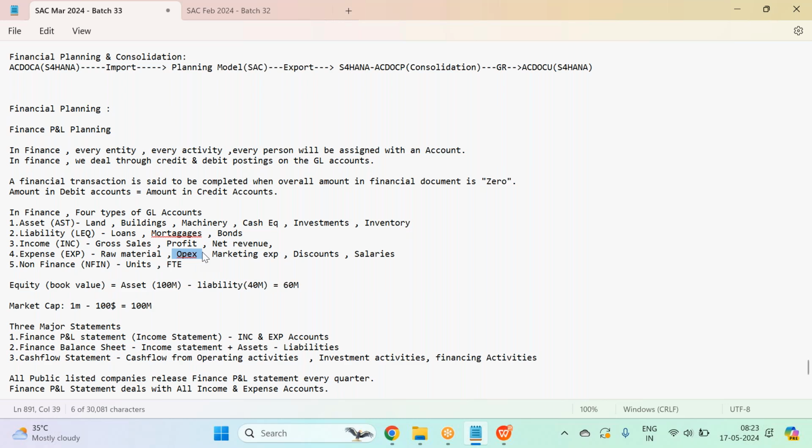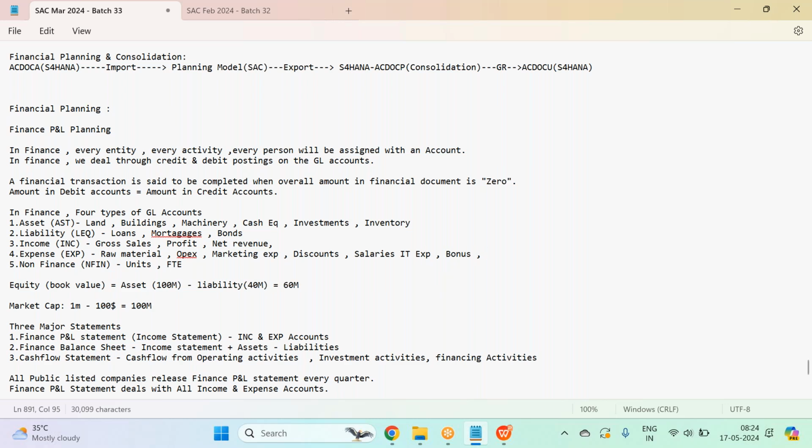Operating expenses like marketing expenses, sales expenses, IT expenses, whatever we spend on IT, marketing, sales, bonuses, paying salaries.